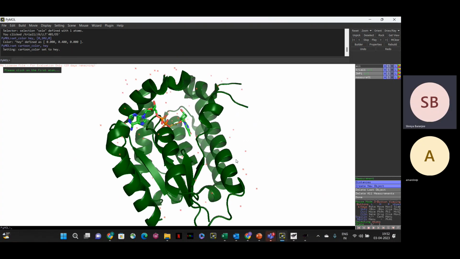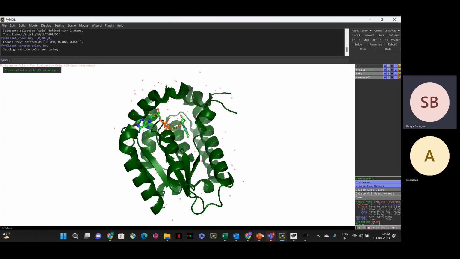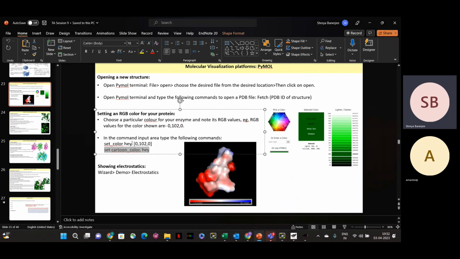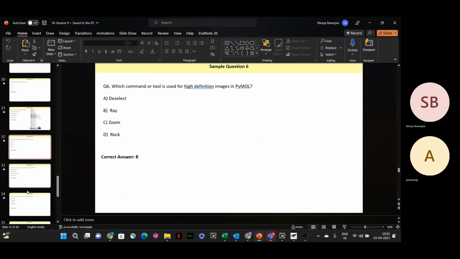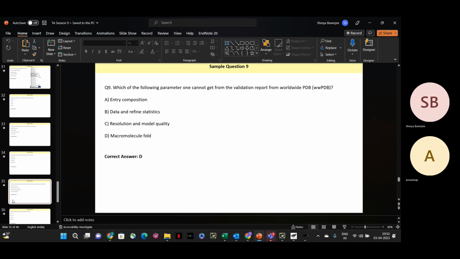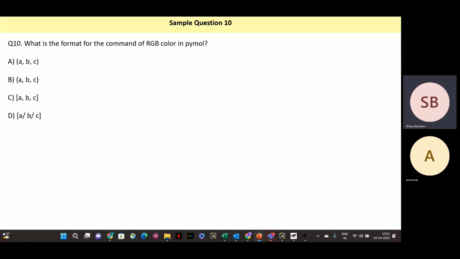Now the color has changed, as you can see. So the RGB values are given in third brackets and they are separated by commas. So the question was, what is the format for giving the RGB values? It is C, third bracket, and A comma B comma C, where A, B, C are integers.